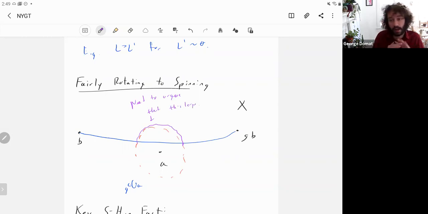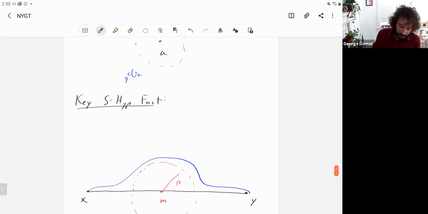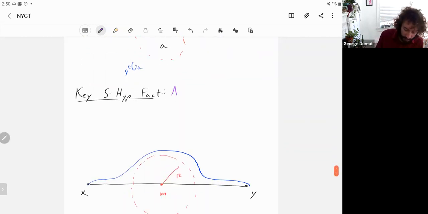And it's not always going to be large if you just take any triple of points in your space. It's really that we're taking this B and this gB. Now this follows from a classical delta hyperbolic fact: in a delta hyperbolic space, avoiding a ball adds an exponential penalty.